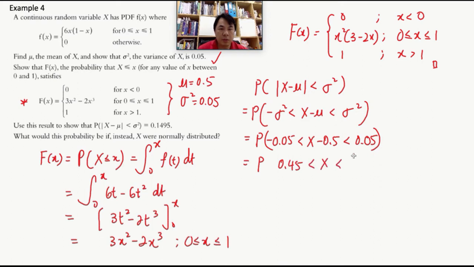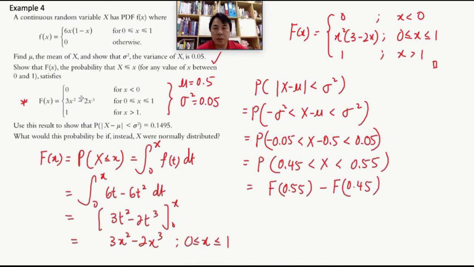So x is more than 0.45 and less than 0.55 here. Now that will be the probability that we are interested to find out. And how are we going to make use of the distribution function in this case? We can do it this way: 0.55 subtract off 0.45. So indirectly, we are making use of the CDF to work out this probability here.